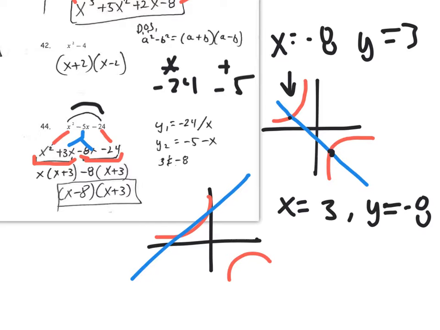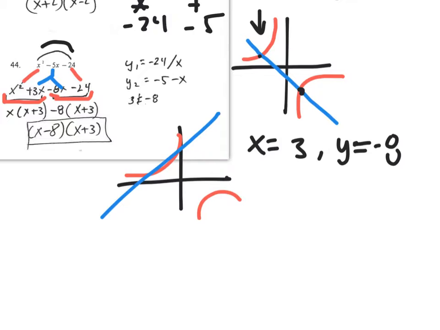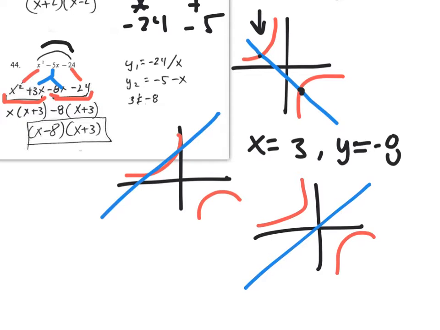The third thing that can happen is where you have a graph that, whoops, let me erase this. You have a graph that looks like this, and we have the first part, and you have something that goes through the middle. No intersections, no solutions, not factorable.